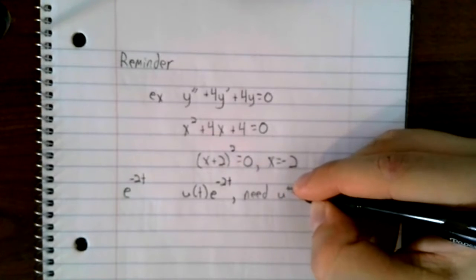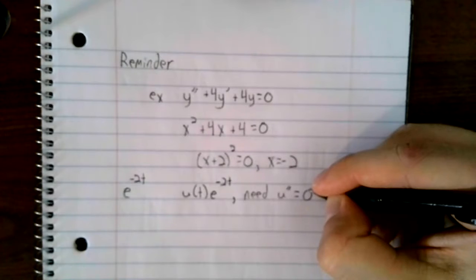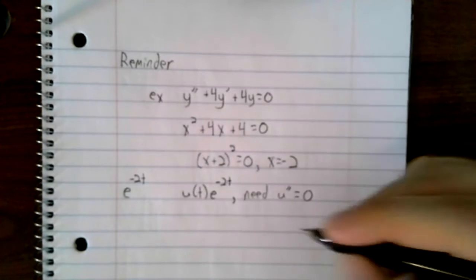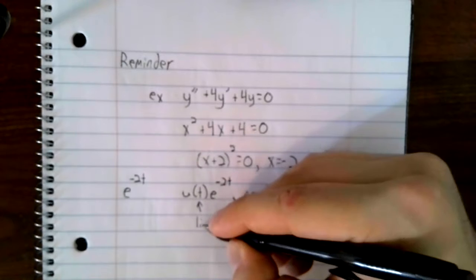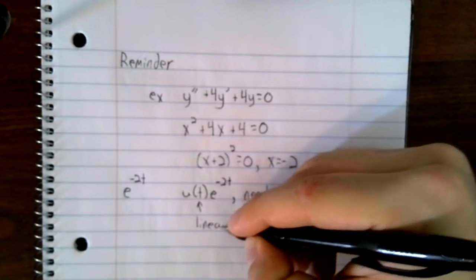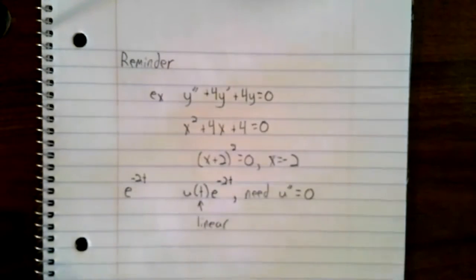u double prime equals 0, i.e. u must be linear.